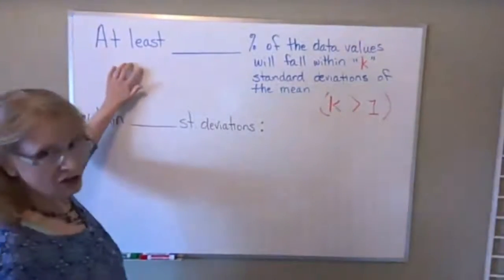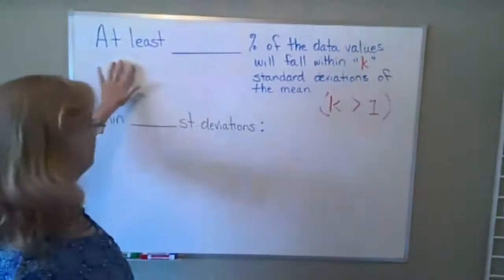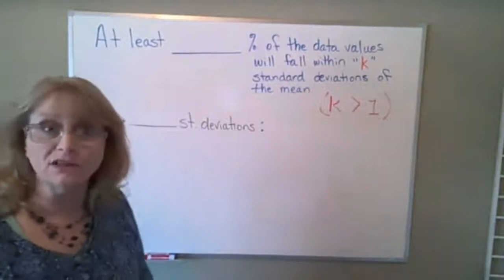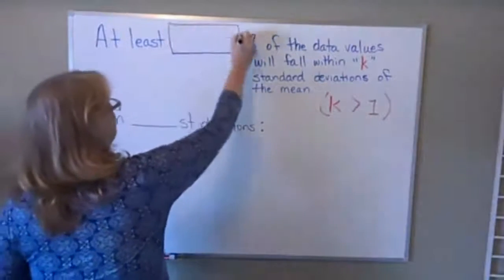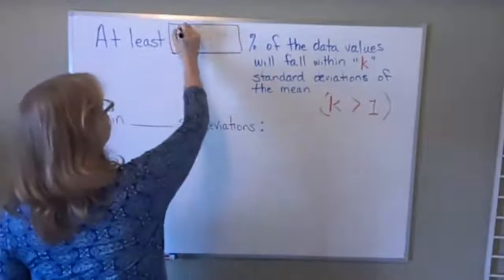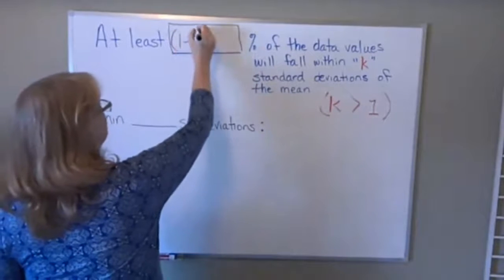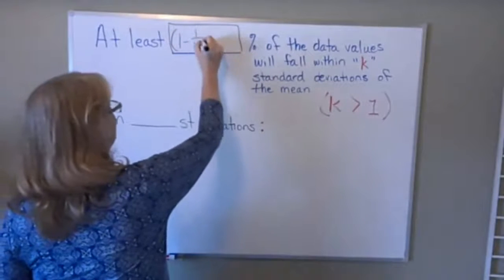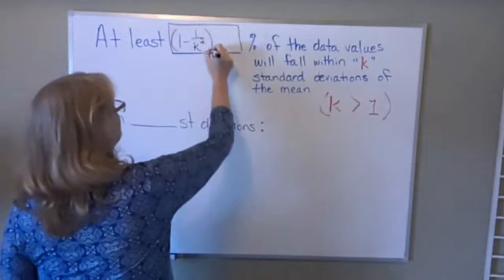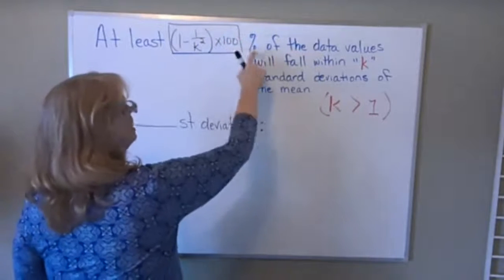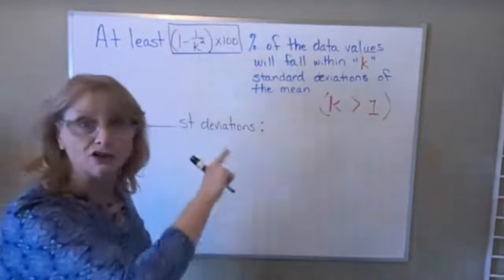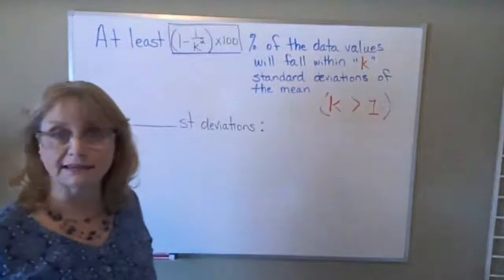So what Chebyshev's theorem says is that at least, and that gives us a formula for this. So we're going to get a formula right here. And that formula is 1 minus 1 over k squared. And then we're going to multiply that by 100, and that will change it from a fraction to a percent.